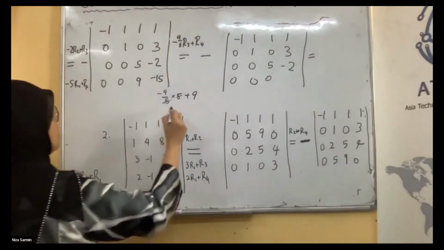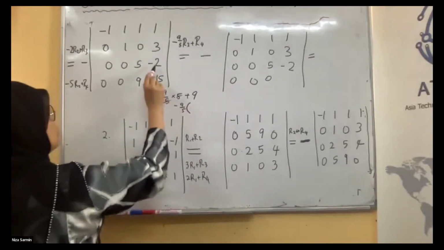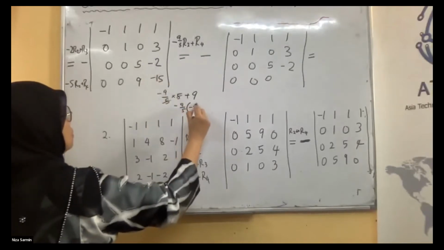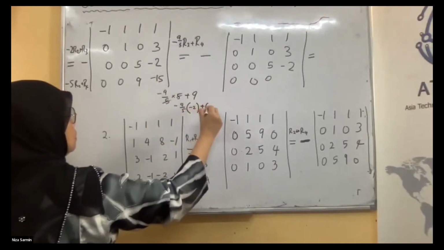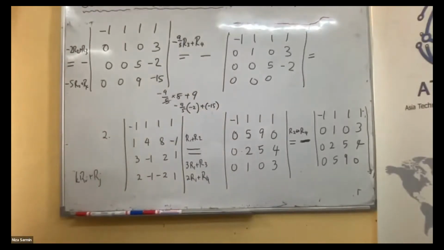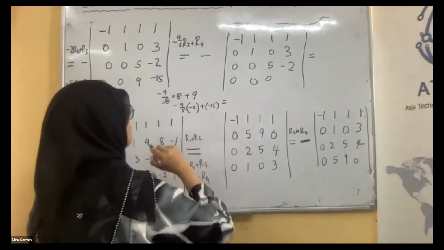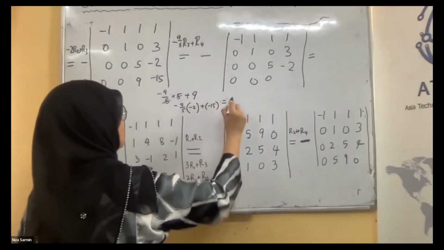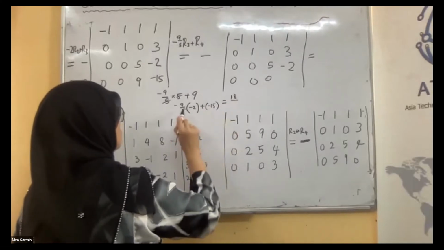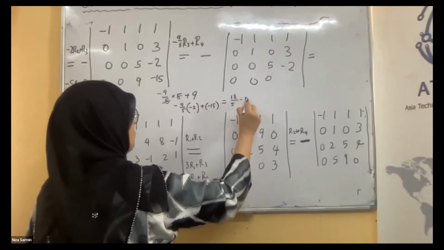And then -9/5 times row 3 plus -50. What's the answer? 18, right? 18/5 minus 15.